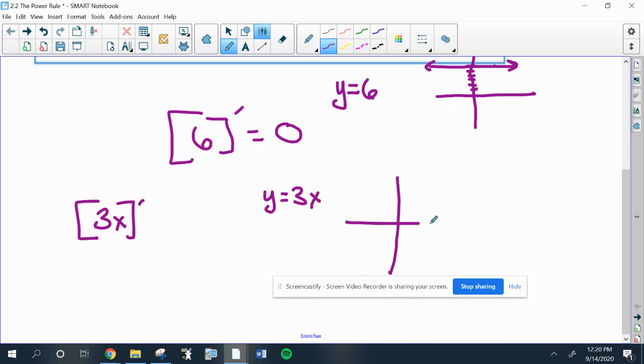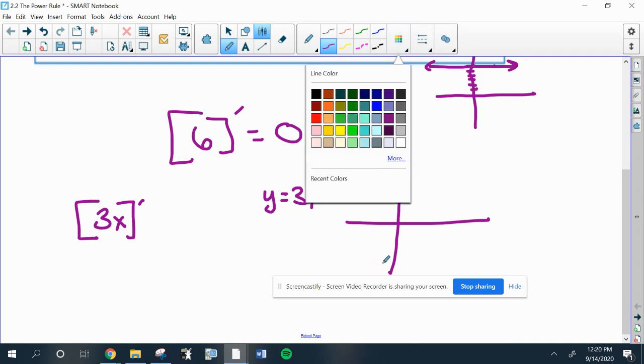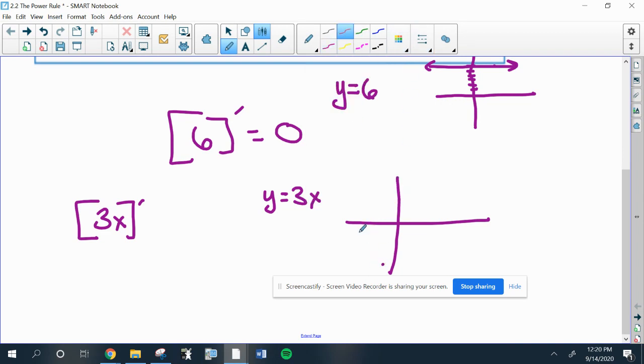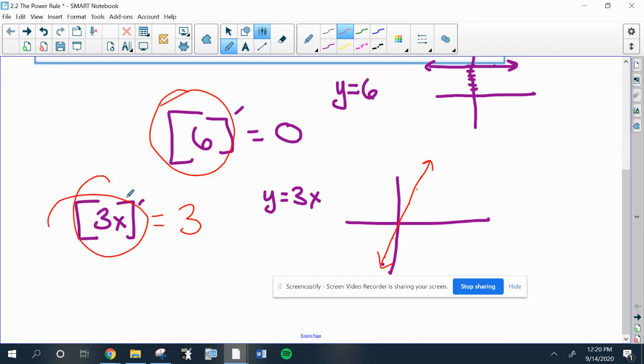We're going to think about what that function looks like, and it's a line with the slope up 3 over 1. So just like the problem above, the slope at every point on this graph is 3. Therefore, it doesn't matter what value of x you put in, the slope of 3x is always 3. So these are very easy examples of functions you can take the derivative of, and you don't have to plug it into the limit definition.